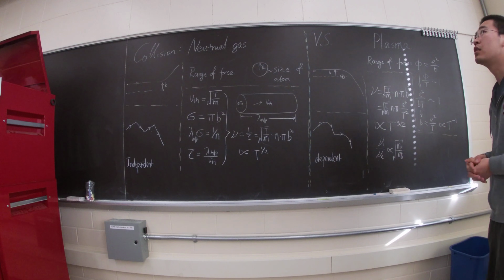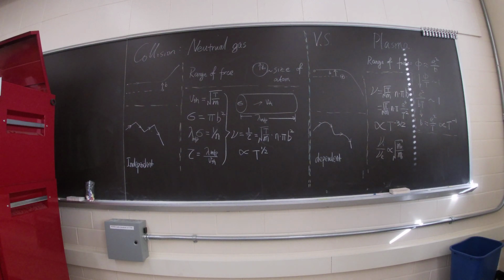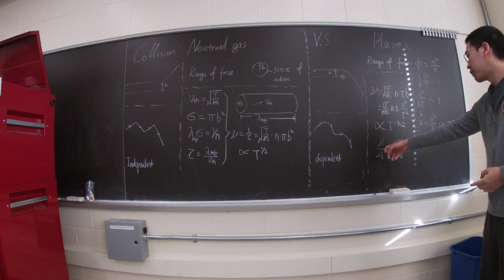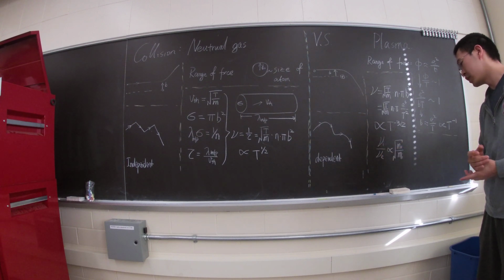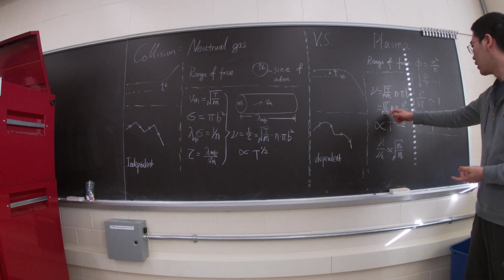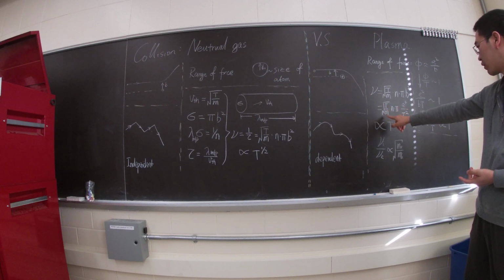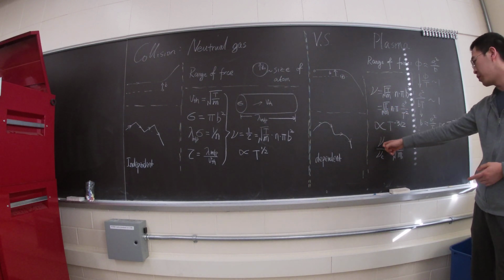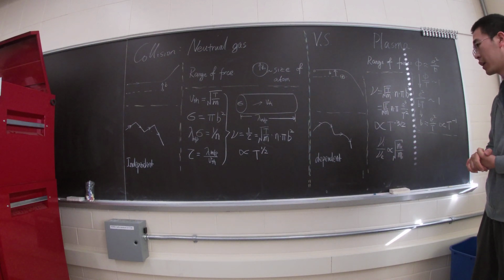You can use ideal MHD to solve for the core-like mode. And for ion collision versus electron collision, the frequency is proportional to 1 over square root of m. So nu_i over nu_e is proportional to square root of m_e over m_i.